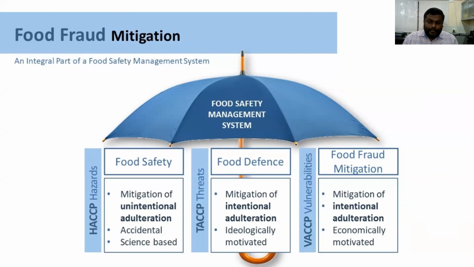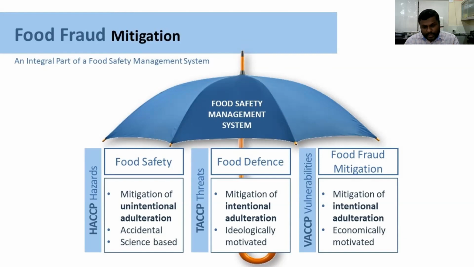But from a food safety point of view, we are more interested in tackling economically motivated issues. Such economically motivated adulterations, food fraud mitigation, are tackled by a new concept called VACCP, the Vulnerability Assessment Critical Control Point.